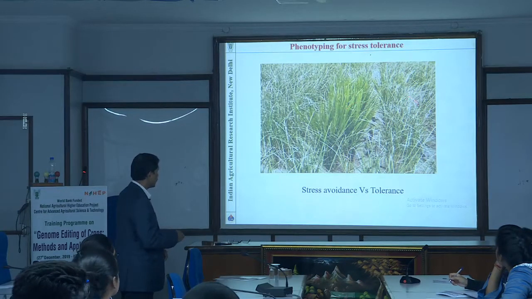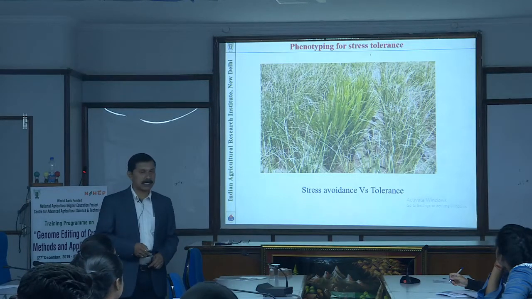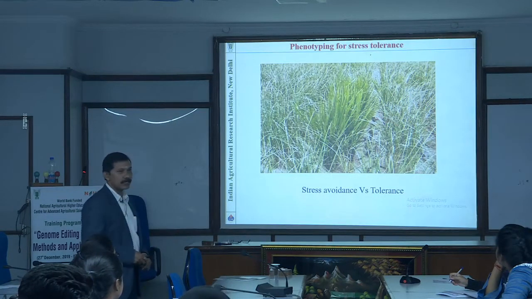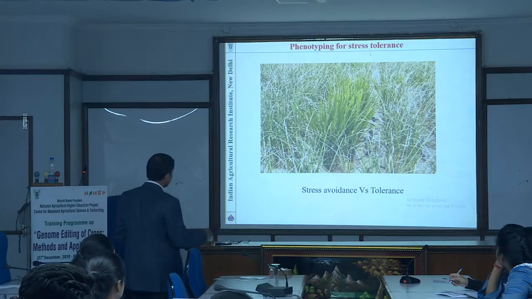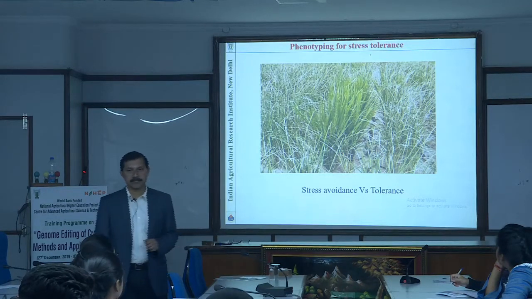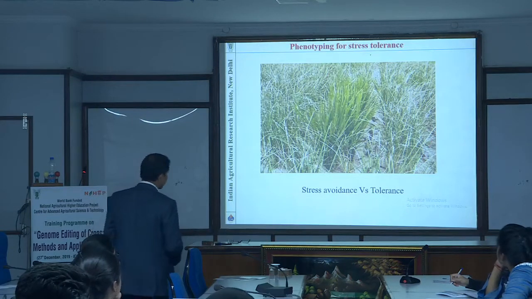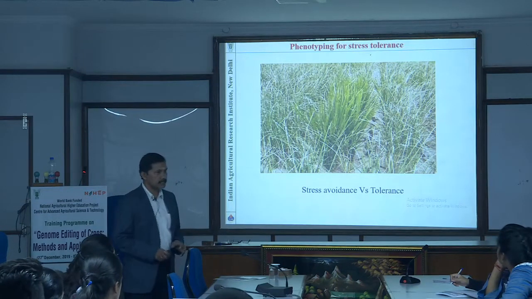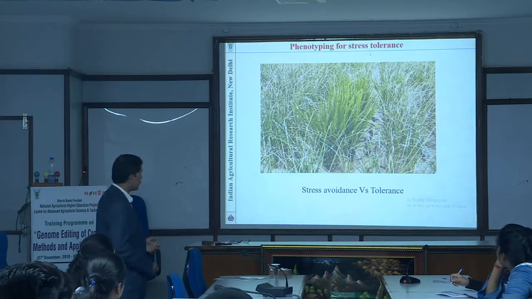If you do a transcriptome of this leaf and this leaf, you will definitely identify a large number of genes, but you will not identify the genes responsible for providing this kind of phenotype. Because when you phenotype under natural field soil conditions, the cellular dehydration avoidance mechanism is the one that predominantly expresses in the soil environment, where the plant employs a deep rooting system, so it takes up water from the deeper soil layers.